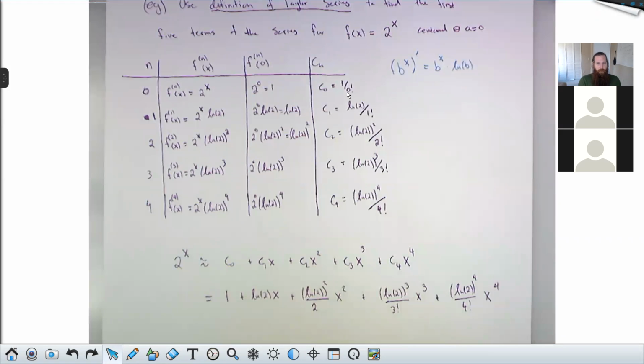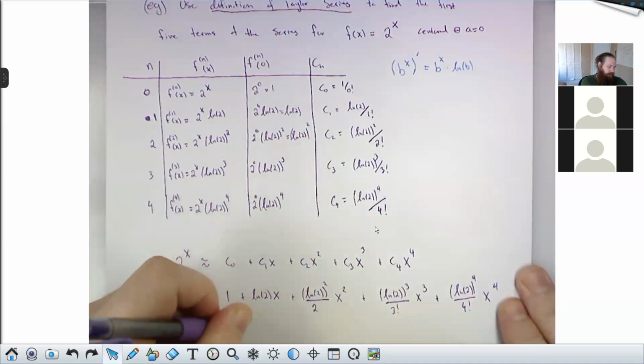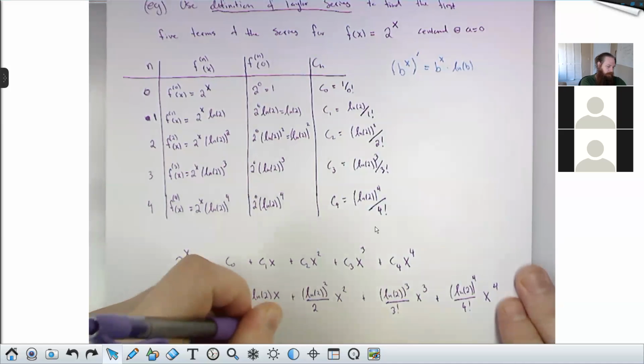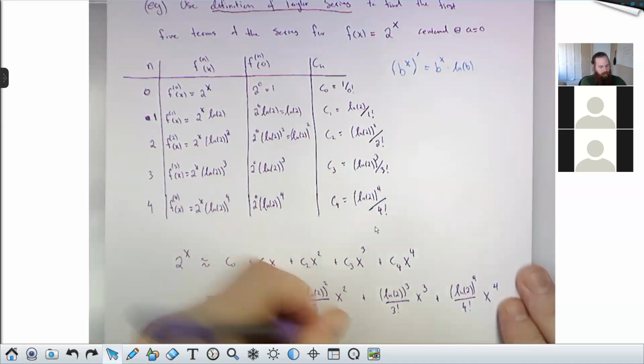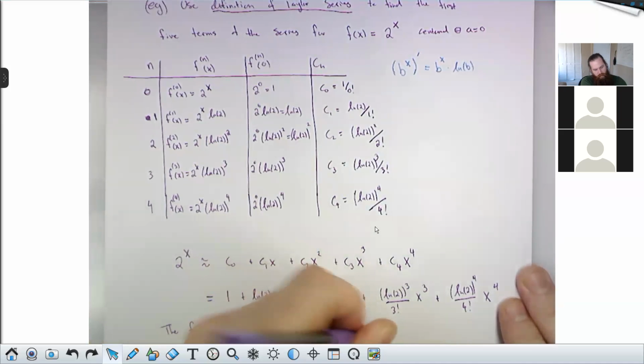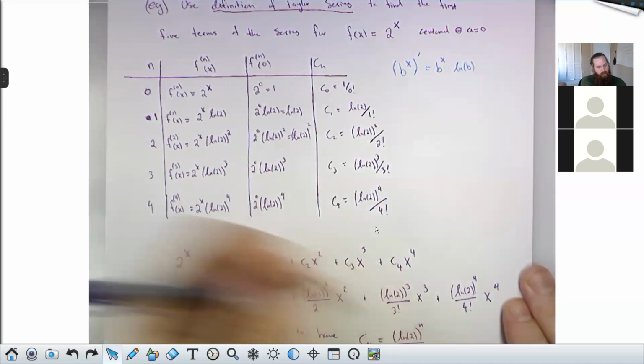Now, if you notice the pattern over here, you can go ahead and say what the full Maclaurin series is. Cn in general looks to be the natural log of 2 raised to the n over n factorial.